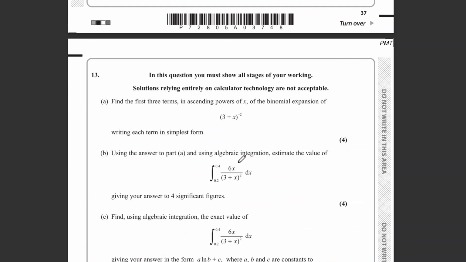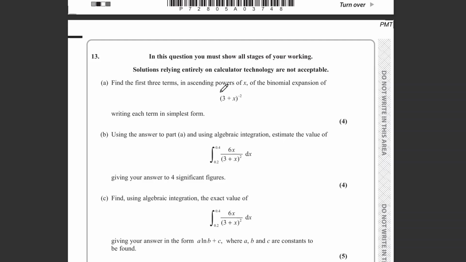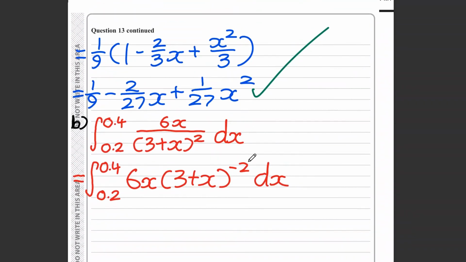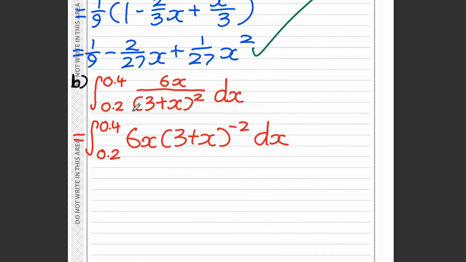As we're estimating the value, and as we did the binomial expansion of the first 3 terms of this 3 plus x to the power of minus 2, we can sub these terms in order to get an approximation for this integral. So we can say that this integral is approximately equal to the integral between 0.2 and 0.4 of 6x, and then instead of this 3 plus x to the power of minus 2, we're going to write these 3 terms here.